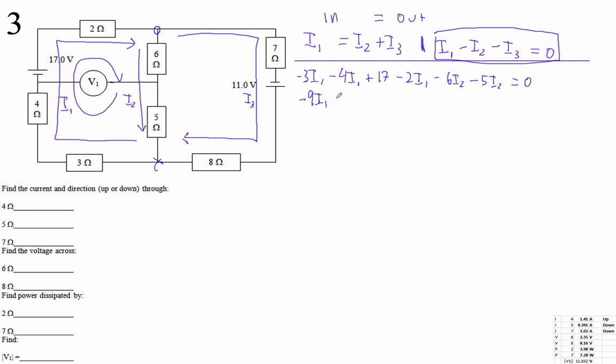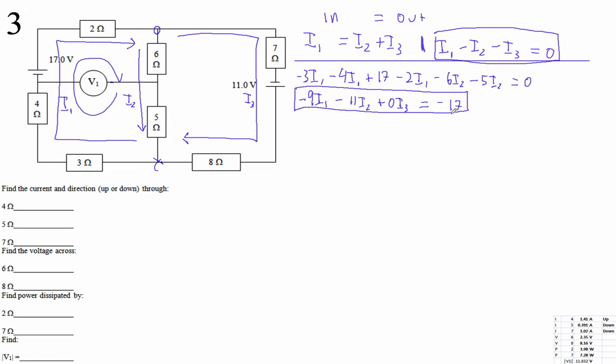We got 11, right? So that is minus 11I2 plus 0I3 equals, I guess, negative 17. Is that right? Yeah. So this is our second matrixable equation.